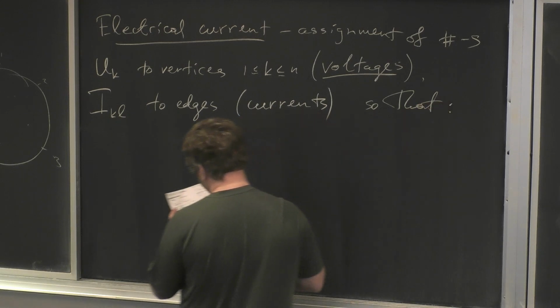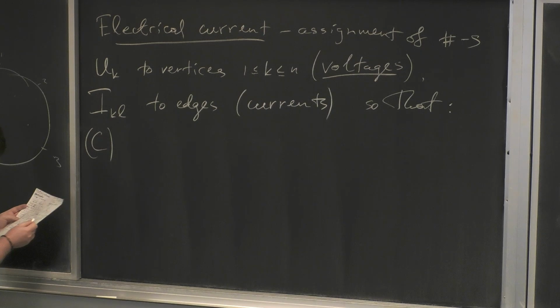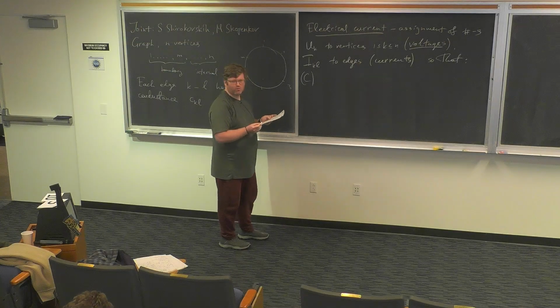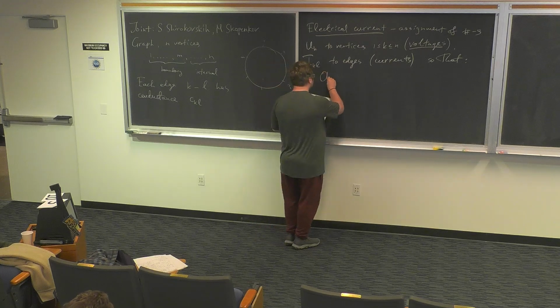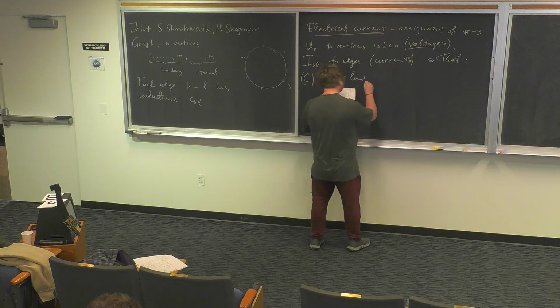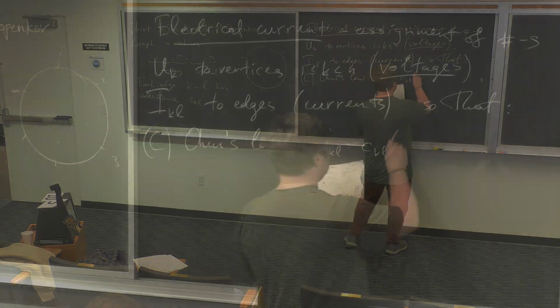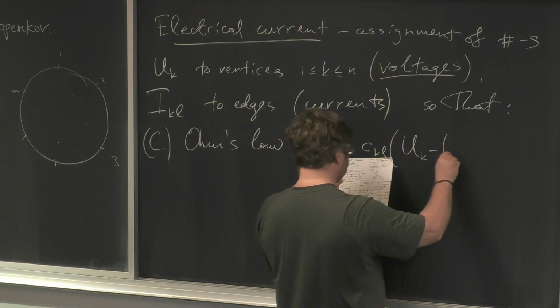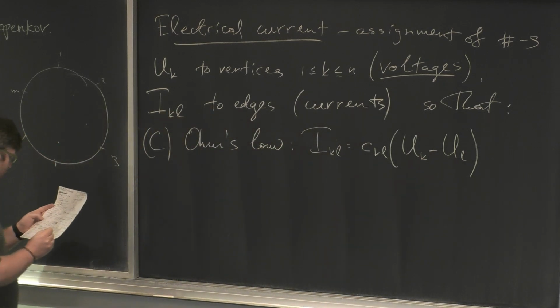First property, I'm actually not sure why we didn't note it C. It's Ohm's law. It says that I_KL will be just conductance times difference of potentials. Okay, that's Ohm's law.